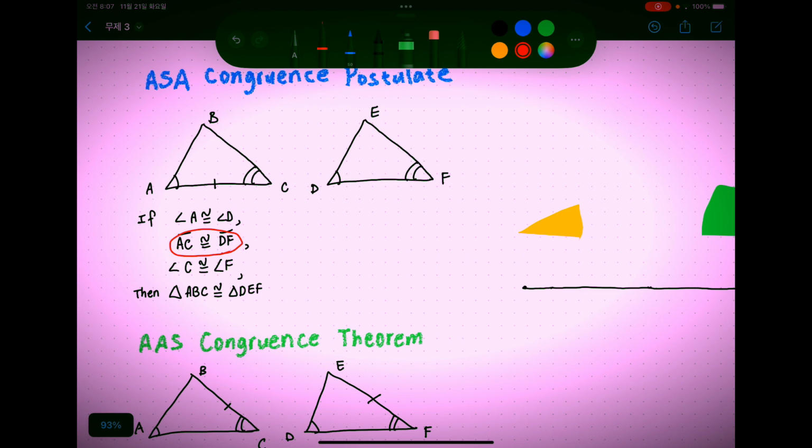Remember how the angle has to be the one that's sandwiched between the two congruent sides? Similarly, in this case, our side has to be sandwiched.